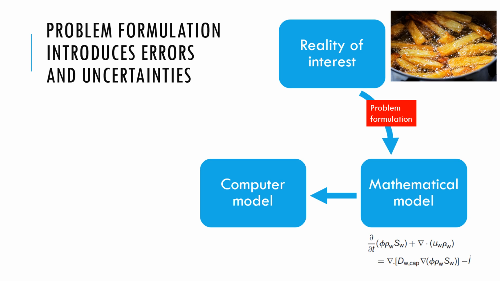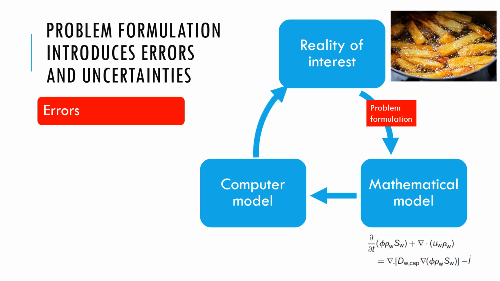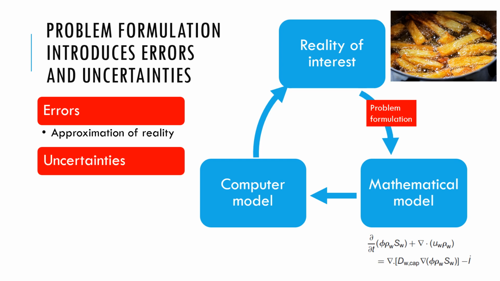Now, this problem formulation stage is critical because it introduces errors and uncertainties that will stay with the model. So, by far, the largest error that we introduce is due to the approximation of reality. But we also introduce uncertainties.